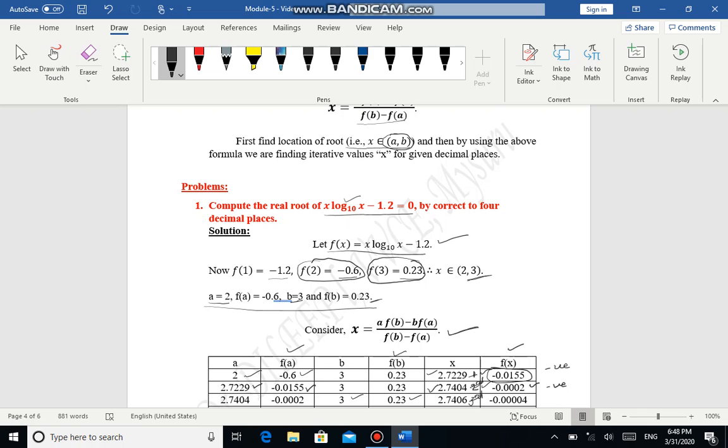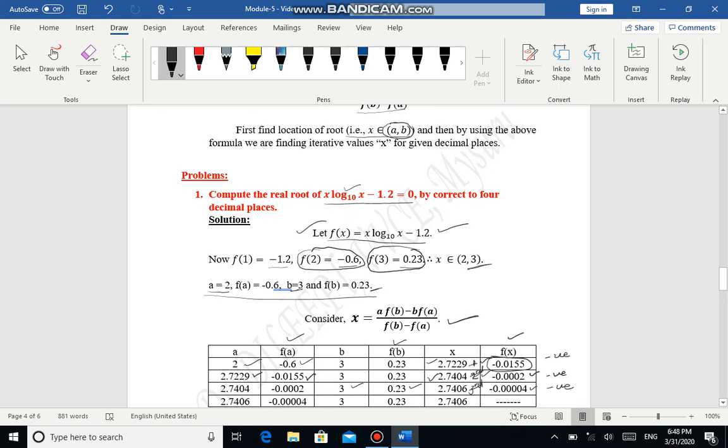For that I reduce the interval once again. Replace this third iteration of x in f of x. You will get minus 0.00004, again negative. So I replace a and f of a: the new value of a becomes the third iteration of x, and f of a becomes the new f of x.